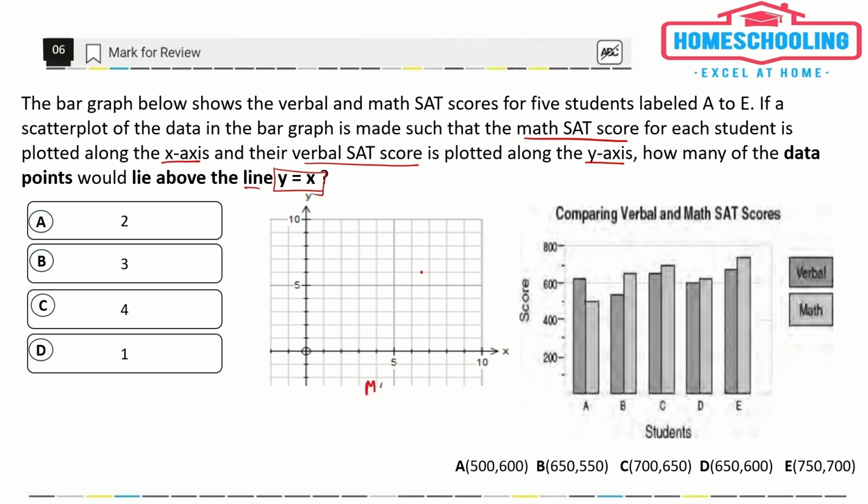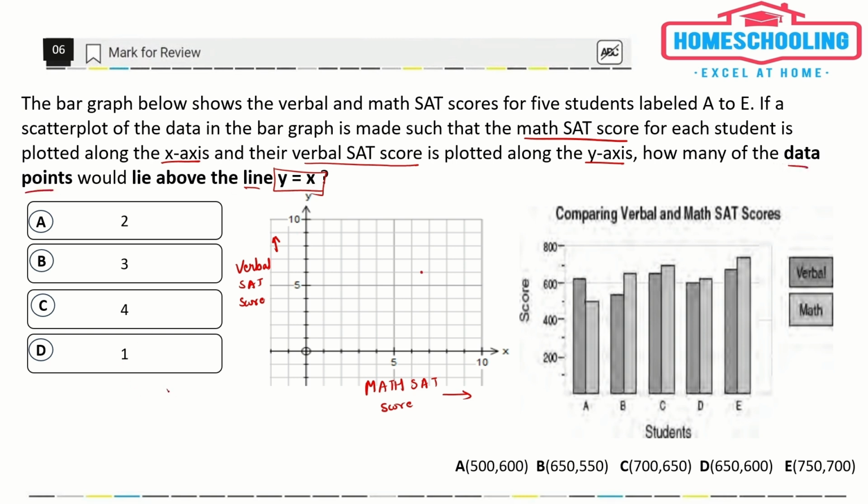So math SAT score, we have that on x-axis, and verbal SAT score on y-axis. And how many of the data points would lie above the line y is equal to x?